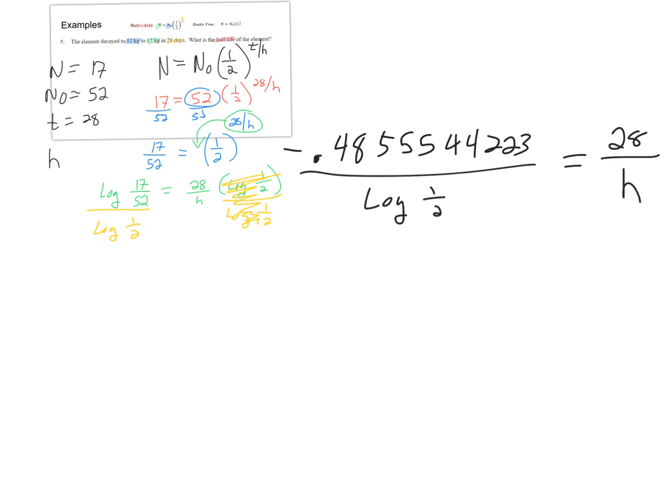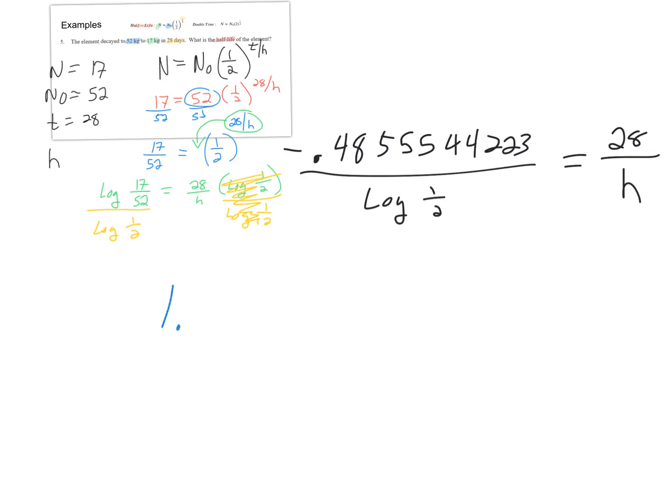Okay, so I'm going to undo all this. Now at this point, I'm going to take that decimal and divide it by log of 1/2. So log 1 divided by 2. And again, you may have to do 1/2 log, and then equals, depending on your calculator.